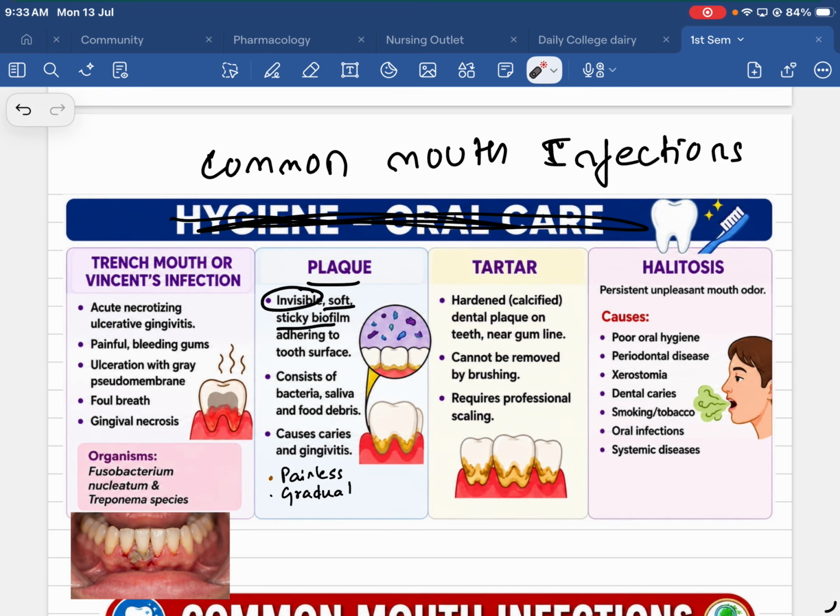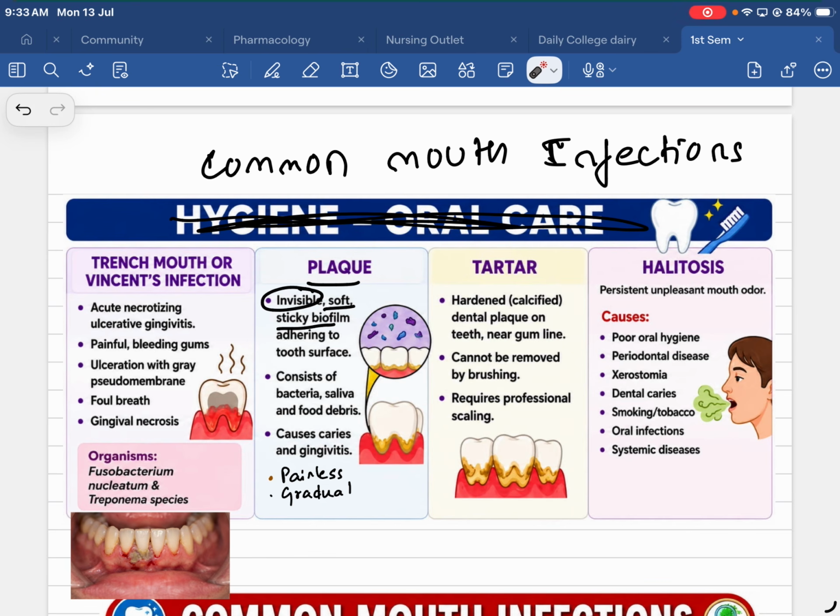And here, very importantly, this one is painless and also gradual. It does not have a sudden onset. So if you are not doing oral care at night, suppose at night you have eaten biryani or something else, and you have not done the gargling or the oral care, then a biofilm, the invisible soft material, will stick between the teeth.